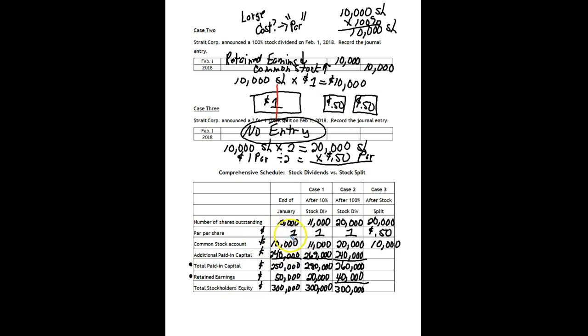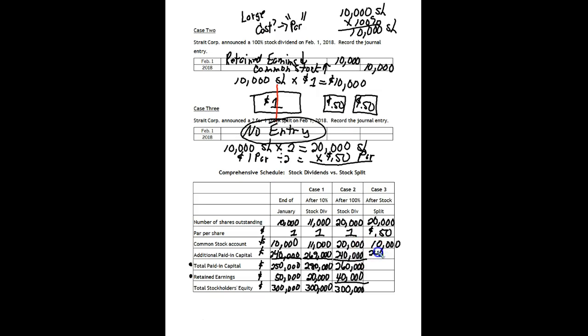We already have a balance of 10,000, and that's what we want it to be after the split. So there's really no journal entry other than a memo to state shares have grown to 20,000 and par value is now 50 cents.